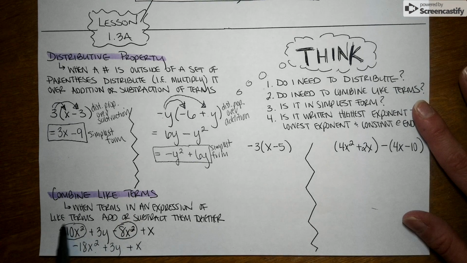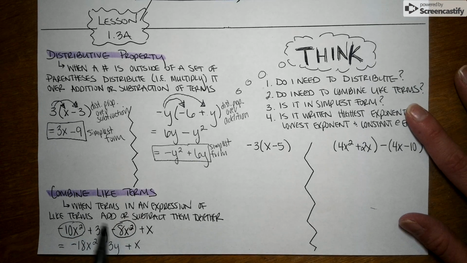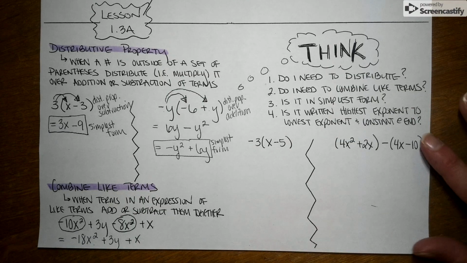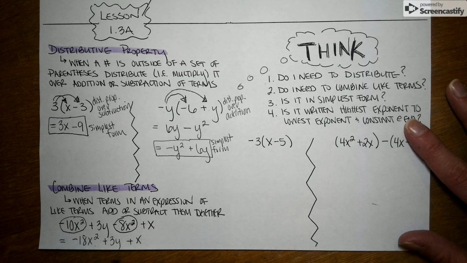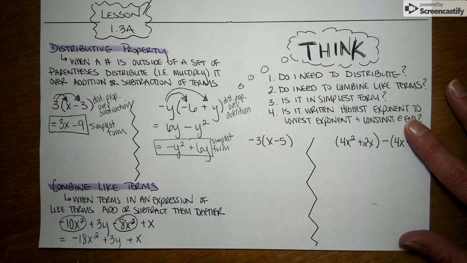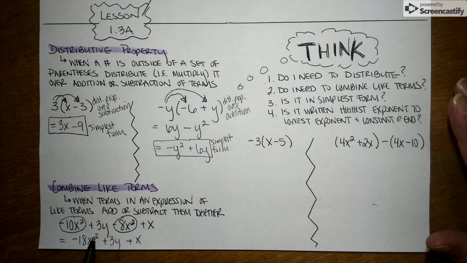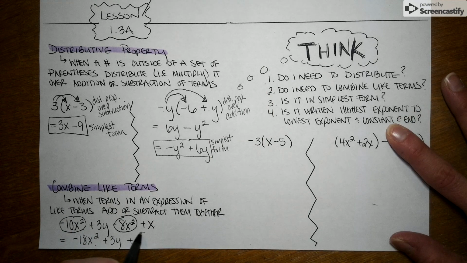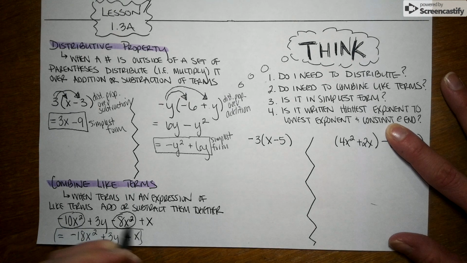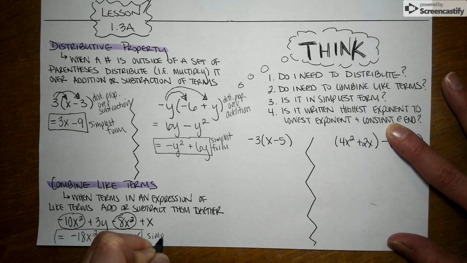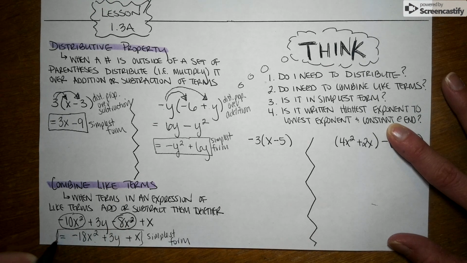Remember, these two are the only like terms in this expression. So now when I look at my expression, I can't combine anything else. So this is a 3-term expression that doesn't have any more like terms to combine, and I've organized it from highest exponent to lowest exponent. So this would be my solution because it's in simplest form. And I'm just going to write that off to the side.